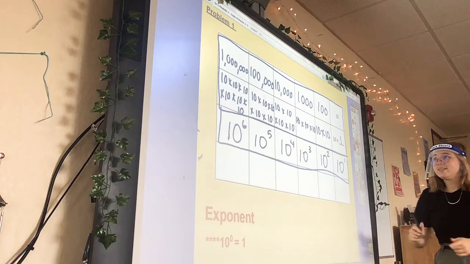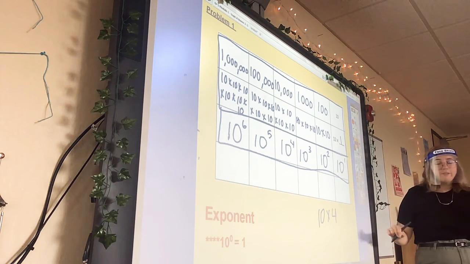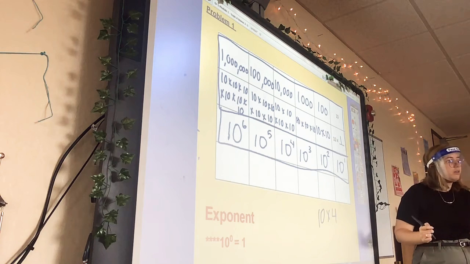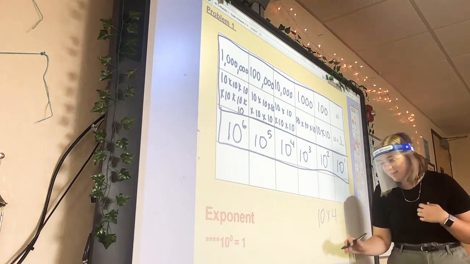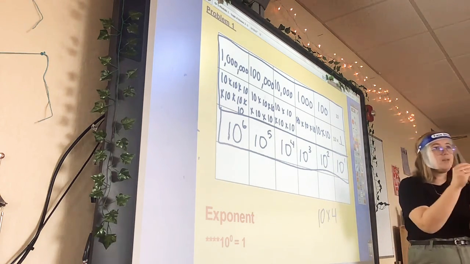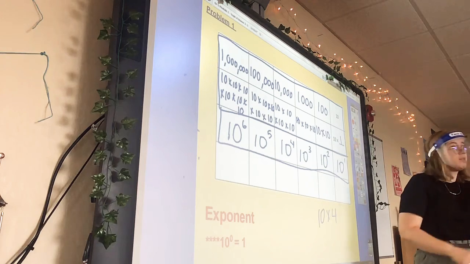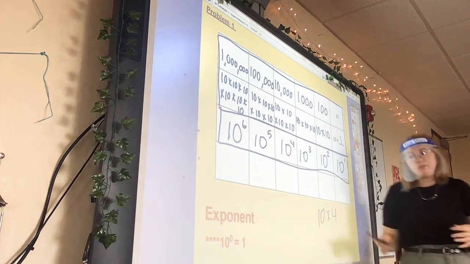It's not 4 copies of 10. It's 4 copies of 10 multiplied together. That's the key part. We're multiplying 10 by 10 4 times, right? 10 times 10 times 10 times 10. Or 5 times or 6 times or whatever it is.